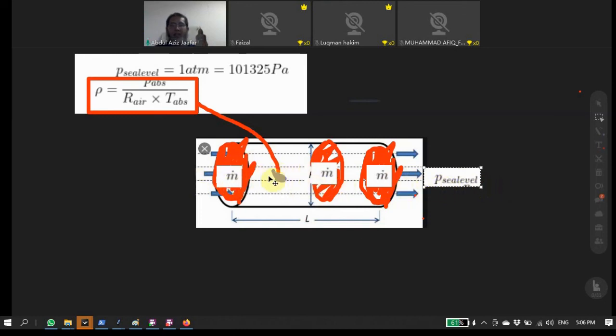We have a pipe, and this fluid is moved toward the exit, and the exit is far away from it. It is the pressure at sea level, which is absolute.